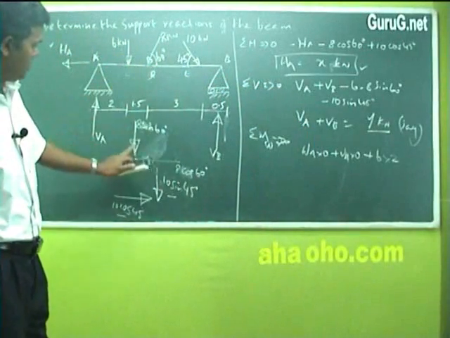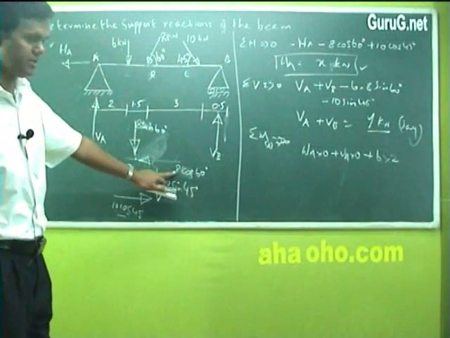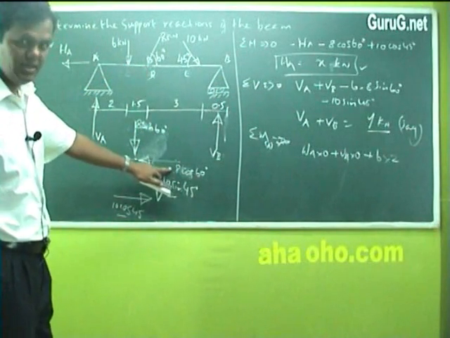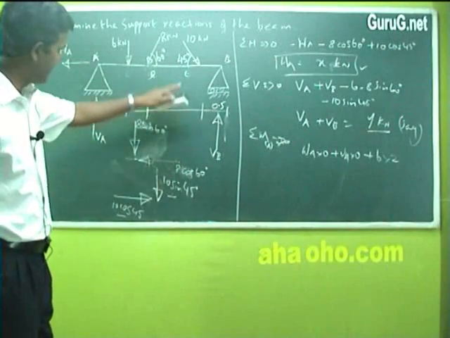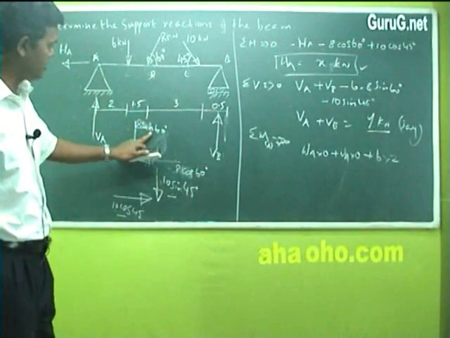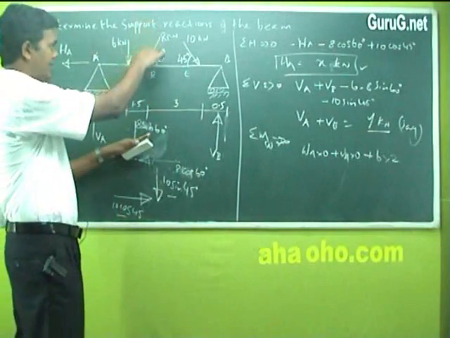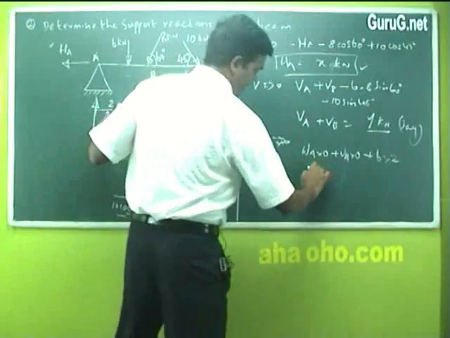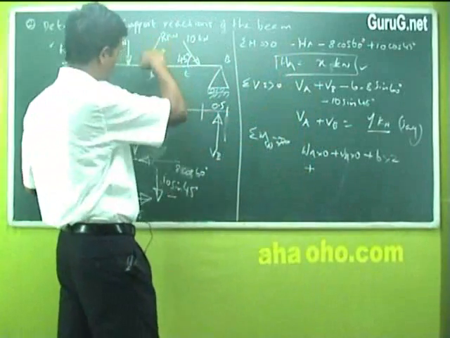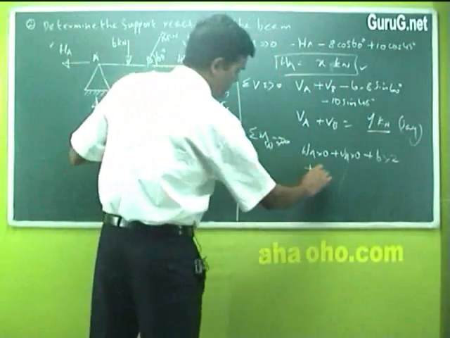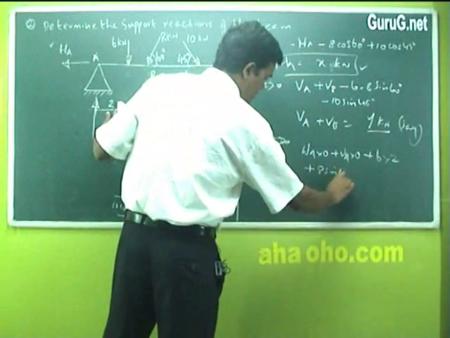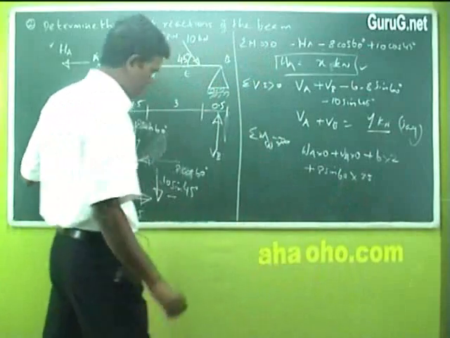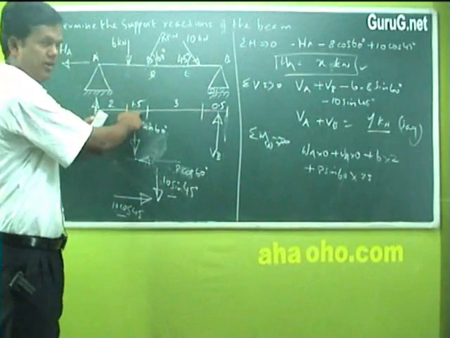Then you have these two forces, 8 sin 60 and 8 cos 60, here at point D. 8 cos 60 will be into 0 because it is acting along the same line of action. 8 sin 60 is acting down at a distance of 2 plus 1.5, so it is clockwise, acting downwards, going towards clockwise. So it is 8 sin 60 into 3.5, that is the distance, 2 plus 1.5.